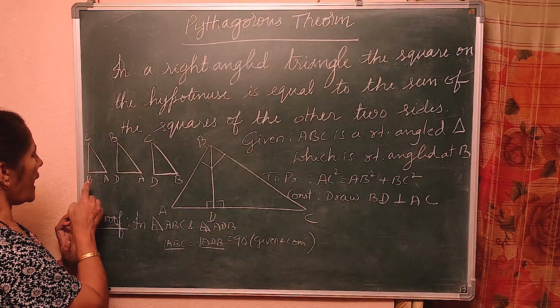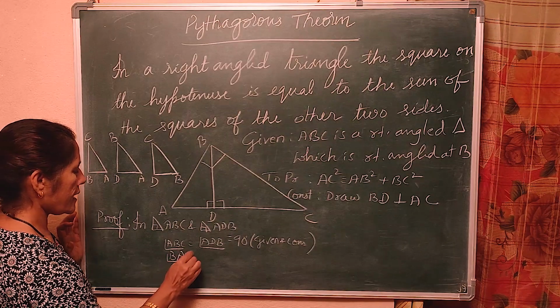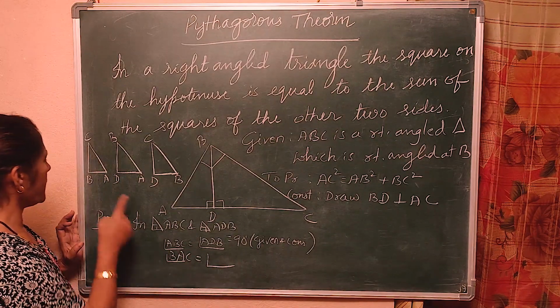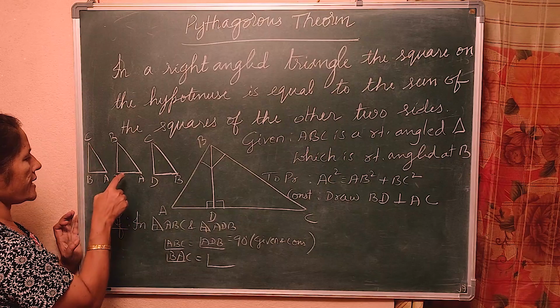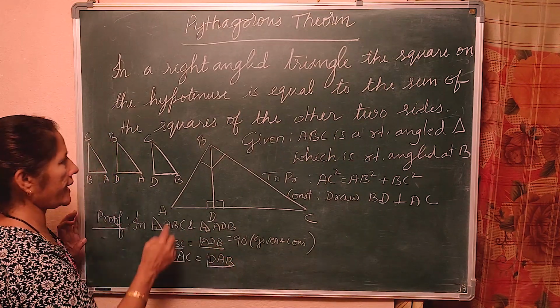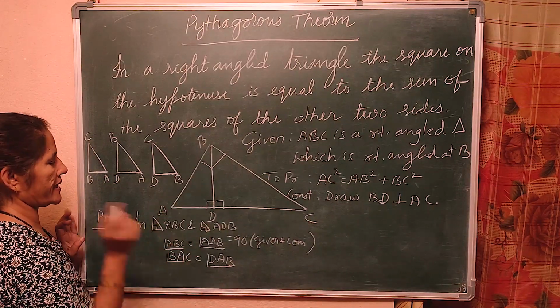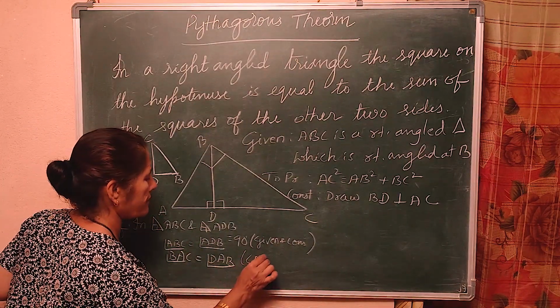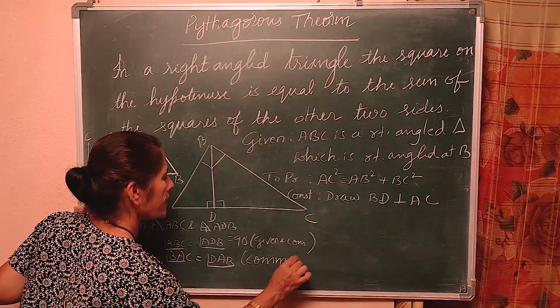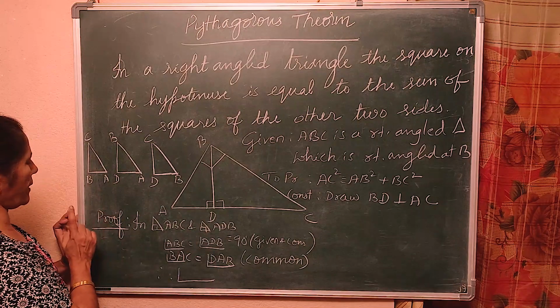Another one, angle BAC is equal to angle DAB. Is it correct? BAC is equal to DAB. Yes, correct. Why? Common. Therefore, which is the remaining?